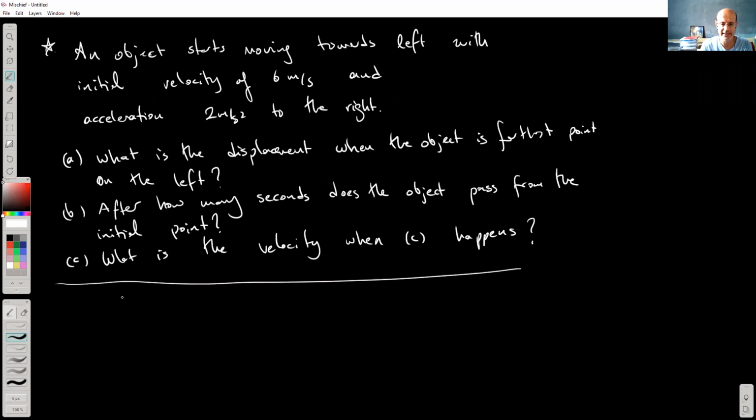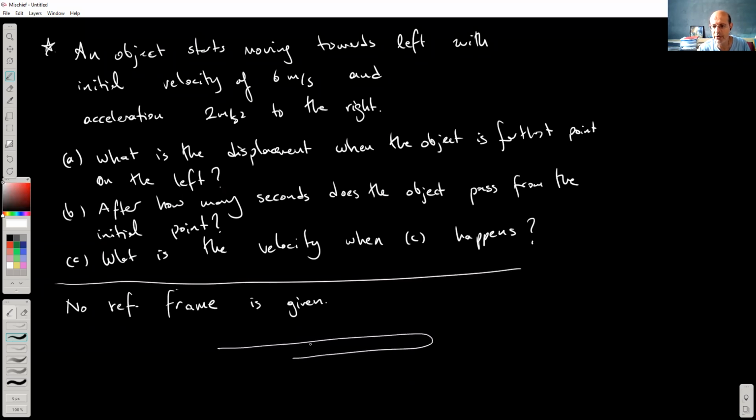So in any case, answer, right? I'll start with the answers, but first, no reference frame is given, right? The problem didn't specify a reference frame. It didn't say that the object started from the origin and whatever. So it just describes in terms of left and right, right? So the directions are left and right. So therefore this implies that I have to choose my reference frame.